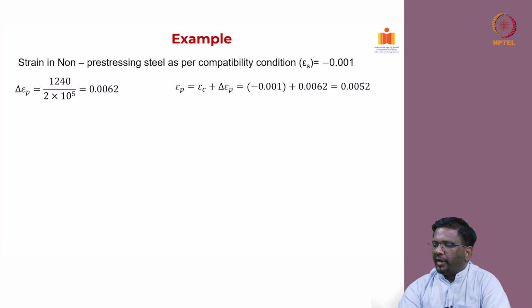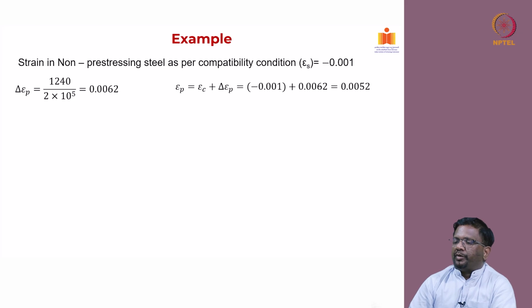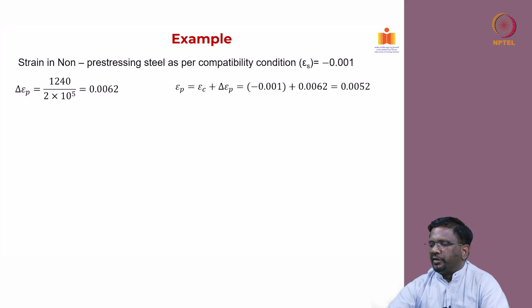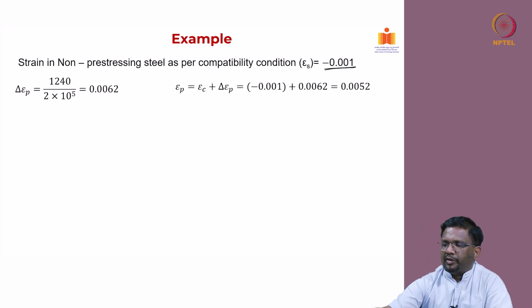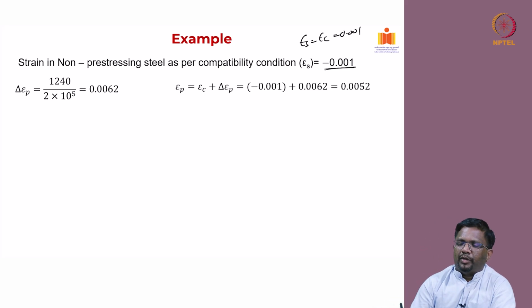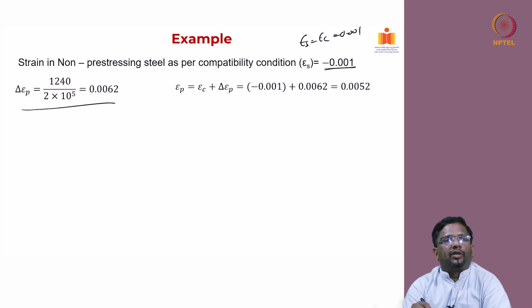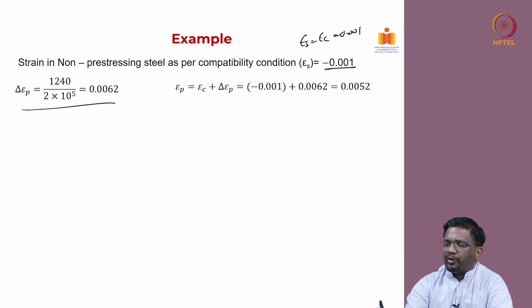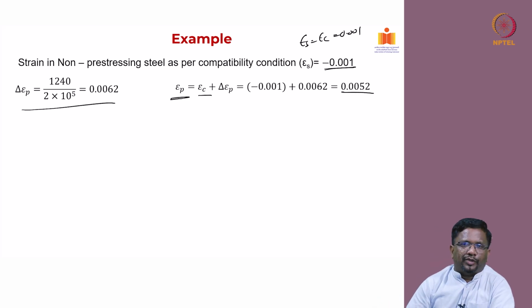Okay, now we are doing the calculation. Strain in the non-pre-stress steel as per the compatibility condition is going to be the same, epsilon S is equal to epsilon C. We have taken epsilon C to be 0.001, so epsilon S also will be the same. Delta epsilon P is 0.0062, which we have already calculated in the previous example, and the total strain is going to be epsilon C plus this. So, it is going to be 0.0052.